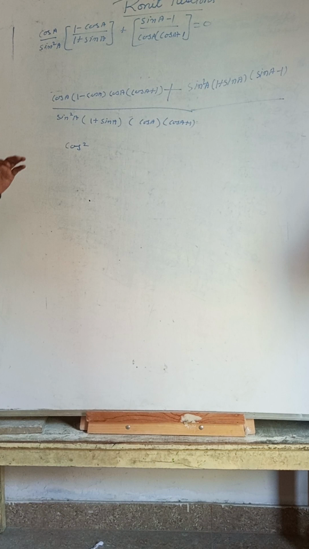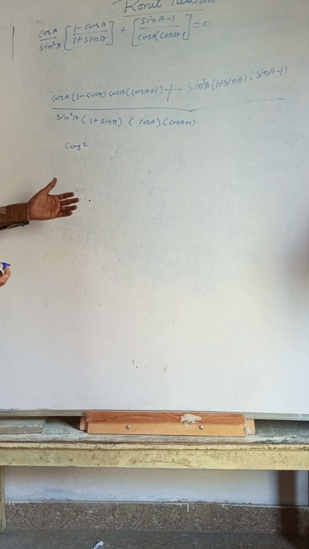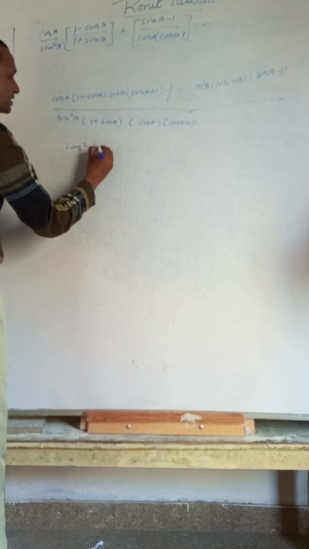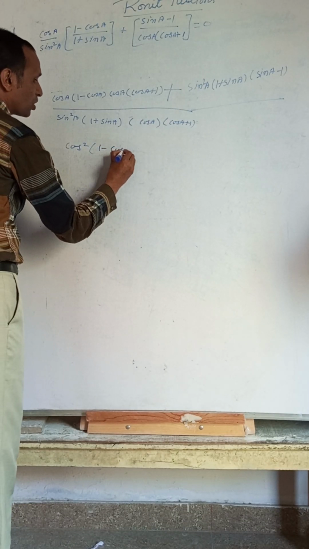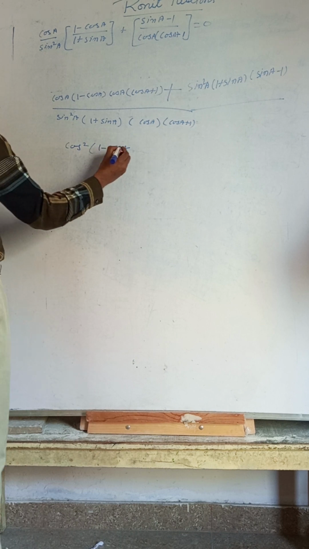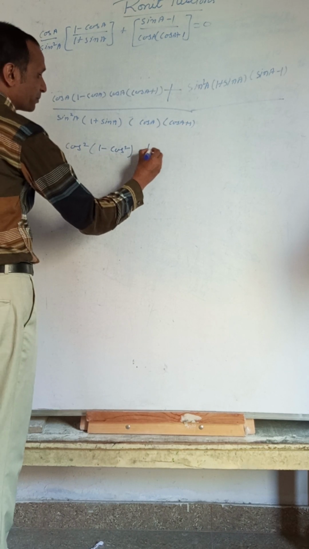Same thing, meaning A plus B, A minus B. A plus B, A minus B is equal to what? A square minus B square. So we can write it like this: 1 minus cos square. Plus is there, plus written.